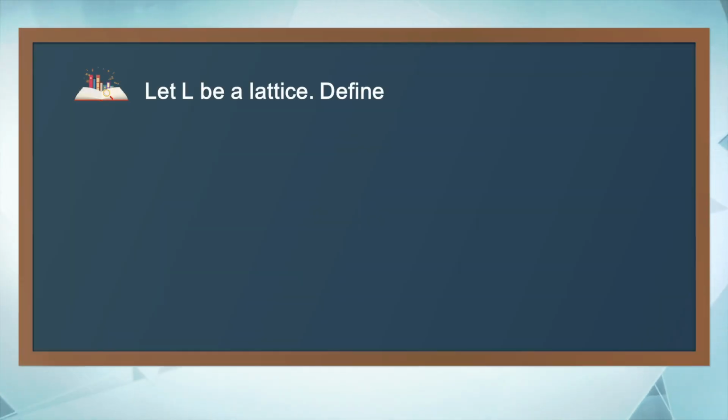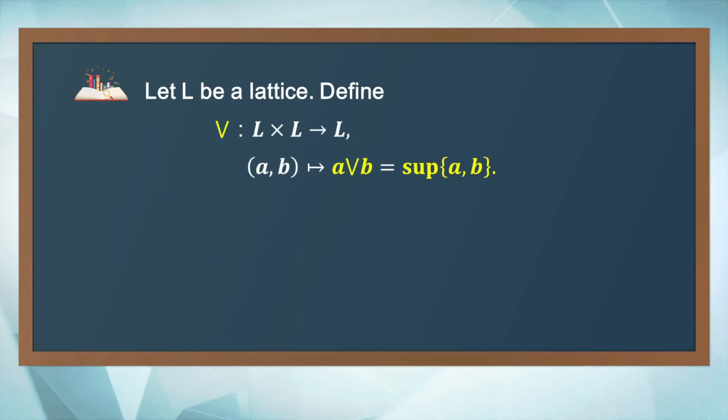Suppose L is a lattice. Every pair of elements in the lattice has both a supremum and an infimum. We can define two binary operations. First, we can define the join operation as follows.